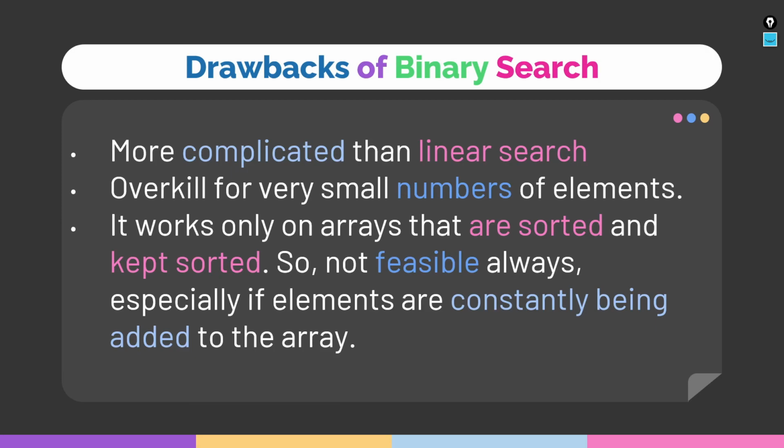Also, for binary search, the array must be sorted and needs to stay sorted throughout the search, which is sometimes not possible, especially when we are constantly adding elements. So for those cases, we need better search algorithms than binary search. So these are the drawbacks.